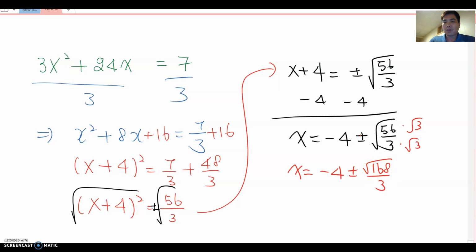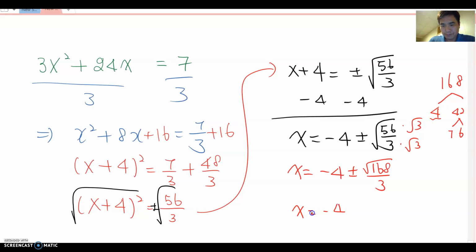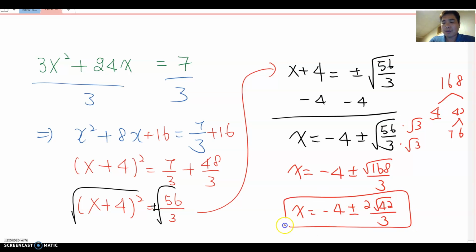Let's figure out whether we can simplify 168. 168 means we can make 4 times 42, and then 7 times 6. As you see, root 4 is 2, therefore x equal to negative 4 plus and minus 2 root 42 over 3. That should be the final answer for this problem.